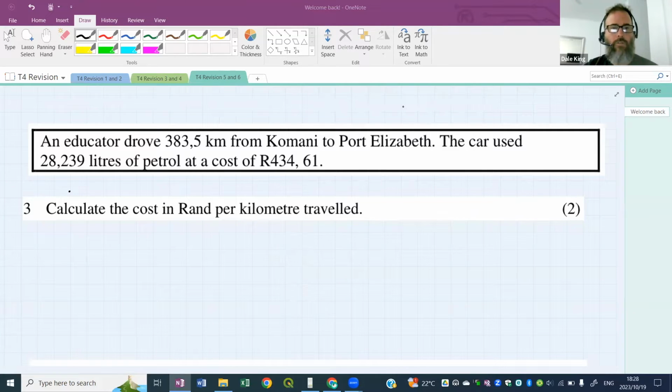It's the worst feeling. All right, answers are coming through. A lot of different answers, which is interesting to see. What is the rand per kilometer cost?